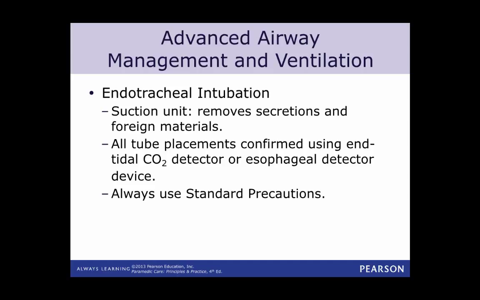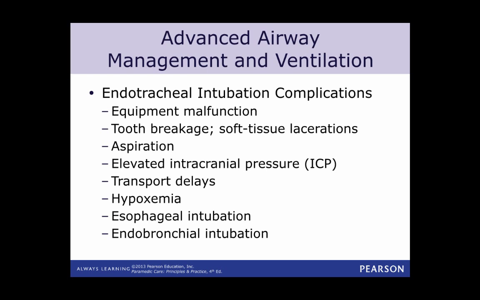Suction unit, and then here, the confirmation using end-tidal CO2 or an esophageal detection device, or both. Towards the end of this presentation, we'll talk about what I consider to be the 5 or 6 must-haves in terms of confirming proper tube placement, and these are no-brainers for you guys. I'm sure most of you use these in your clinical practice whenever you have to.